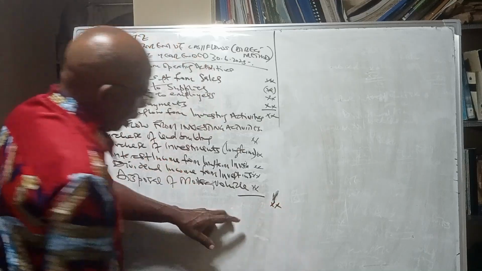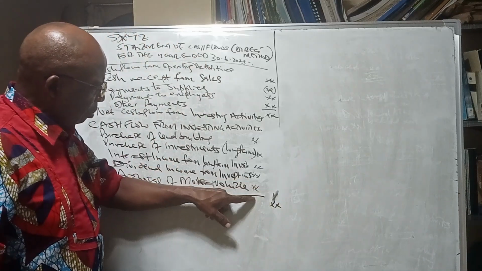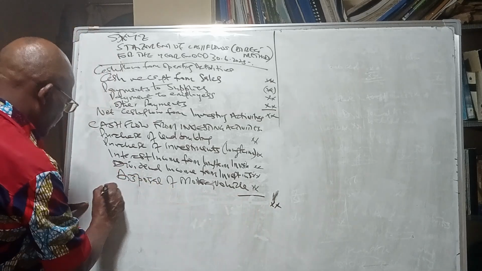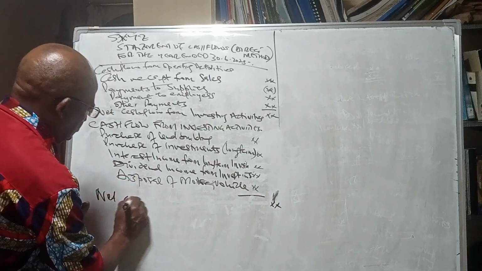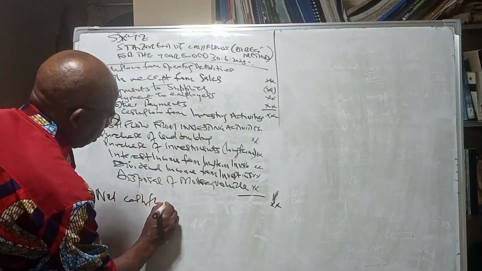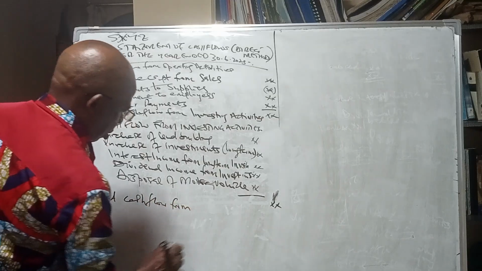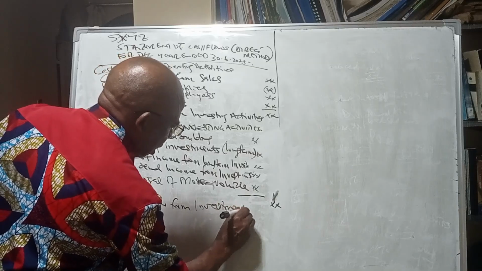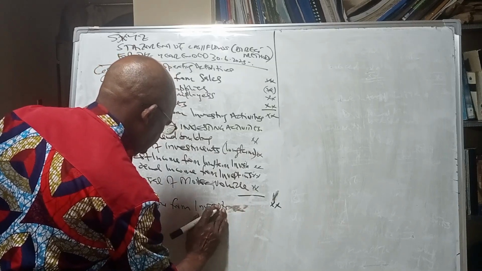Please see the way I'm doing it. I'm not doing it here. I'm doing it below here, but outside, so that we can call it net cash flow. Net cash flow from investing activities.